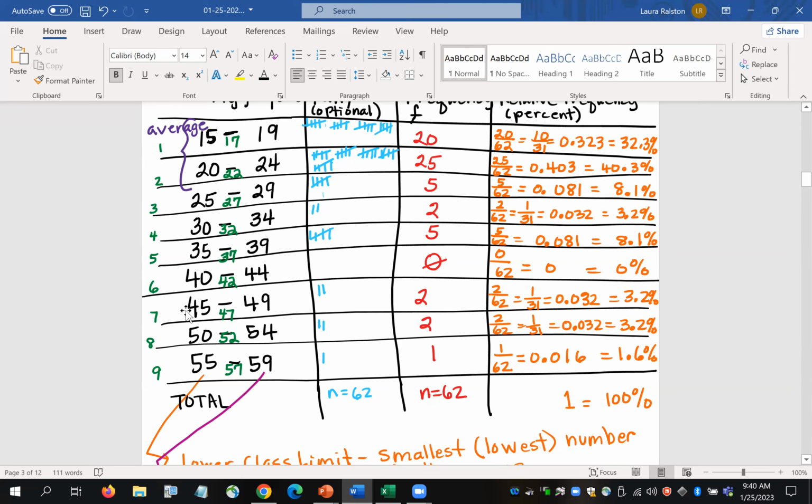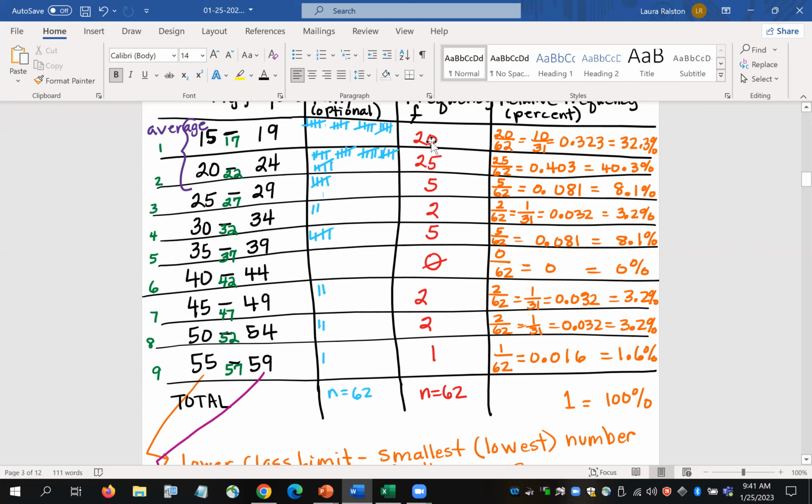So we set up our levels, our classes. Remember, each row is a group or a class. So this one we had 9 classes. We then went through the list and indicated how many times a number within that group occurred.